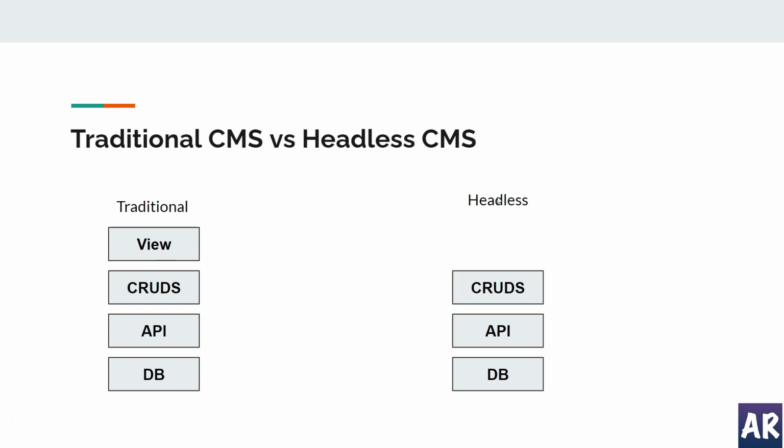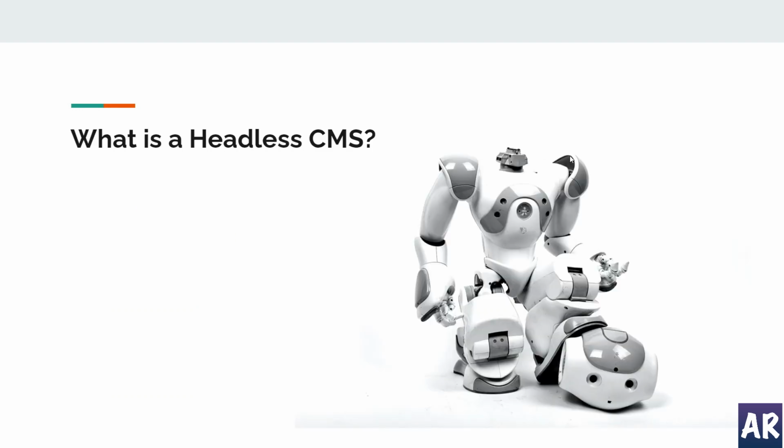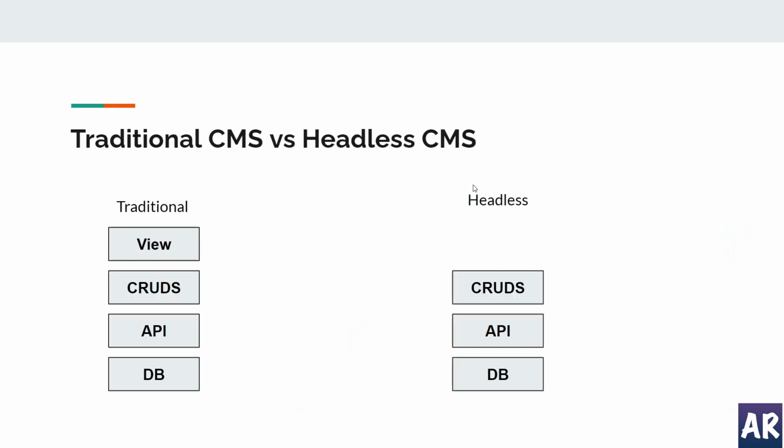But when we look at the headless CMS, you can see that the view is missing. If you go back to the slide, this robot doesn't have any head. Similarly, the idea is that headless CMS means there's no view to it. It can't see.